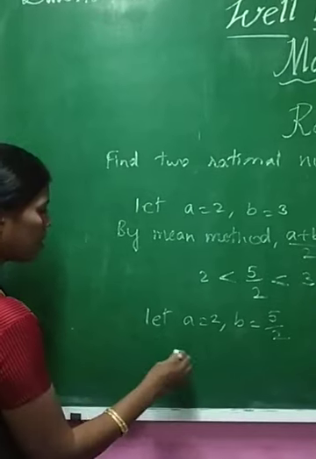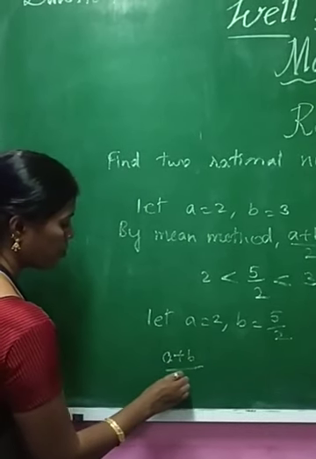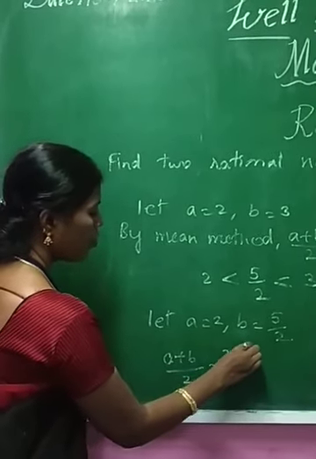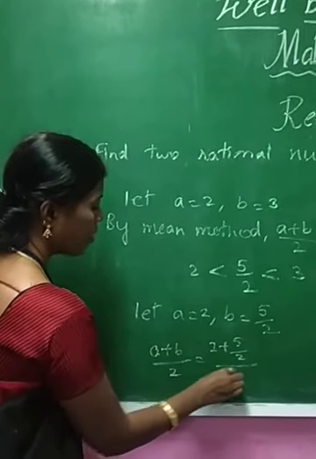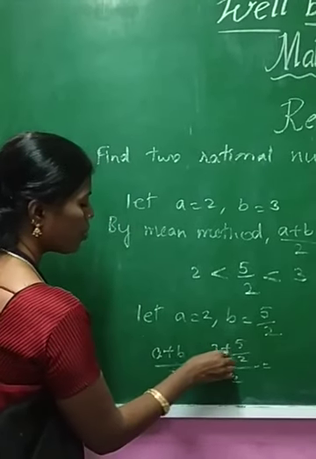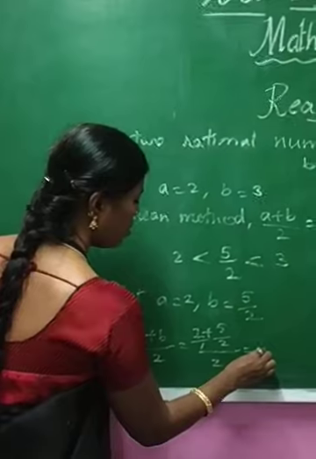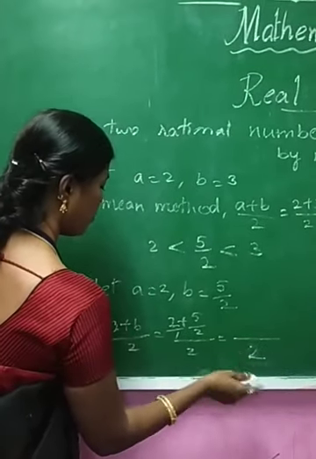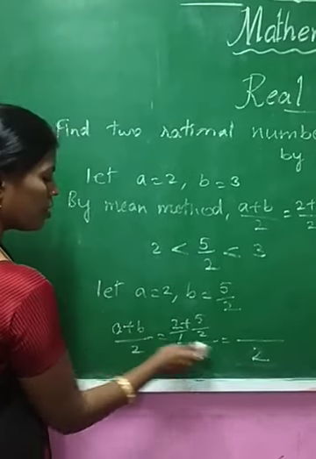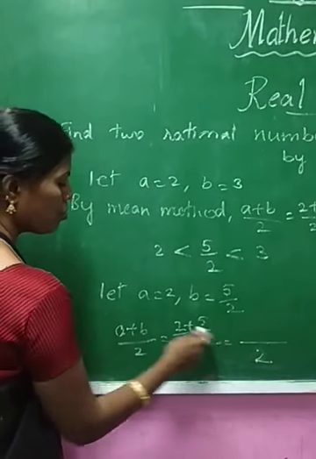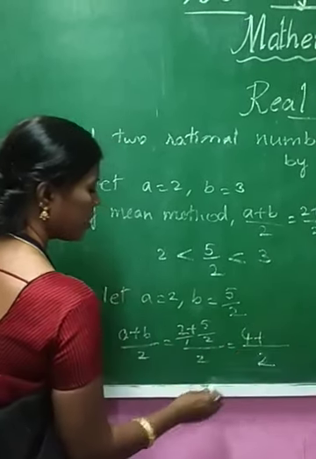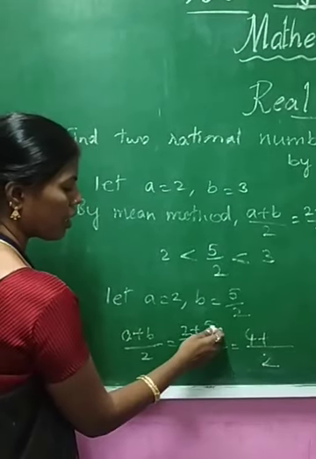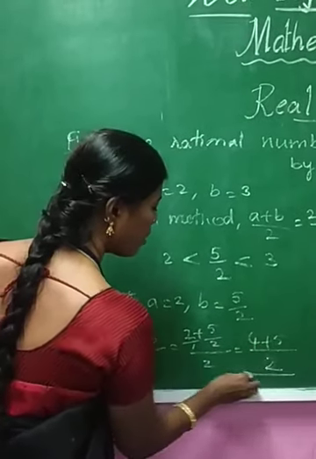By the mean method, (A plus B) by 2 is (2 plus 5 by 2) by 2. 2 means 2 by 1. So here the LCM is 2. 1 2s are 2, 2 2s are 4, plus here 2 1s are 2, so 1 into 5, 5 by 2.